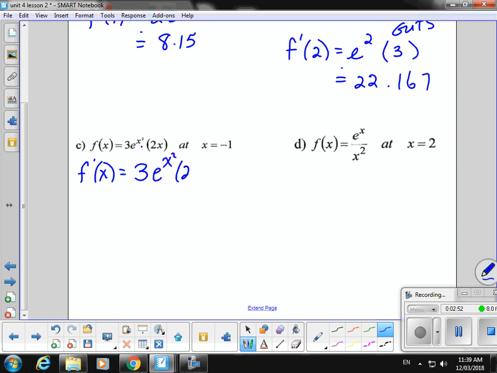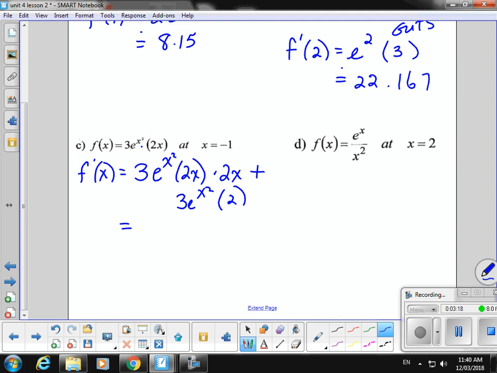So I've got that 2x times the second, exactly the way it is, which coincidentally is also 2x, plus the first, exactly the way it is, times the derivative of the second.